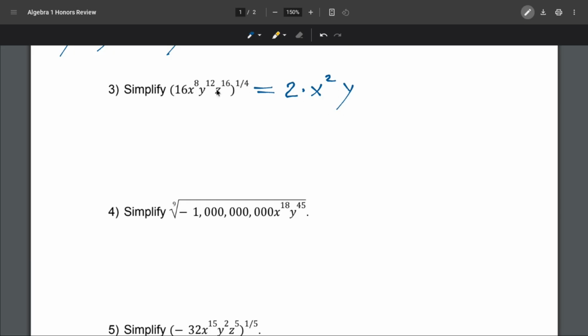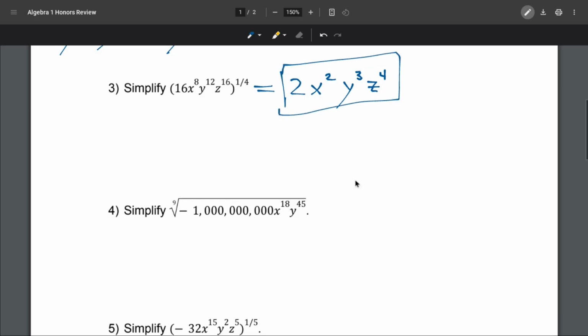Then we have y, 12 times 1/4 is y cubed. And then 16 times 1/4 is 4, so z to the 4th power. And if I just write the 2 right next to this, that means they're multiplied together. Okay, so that's that one.